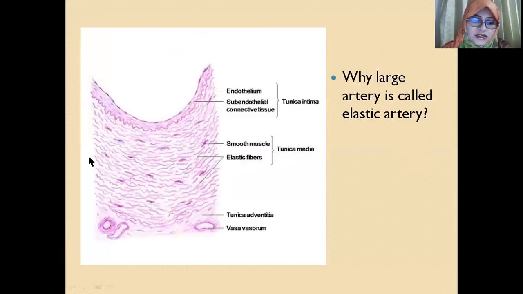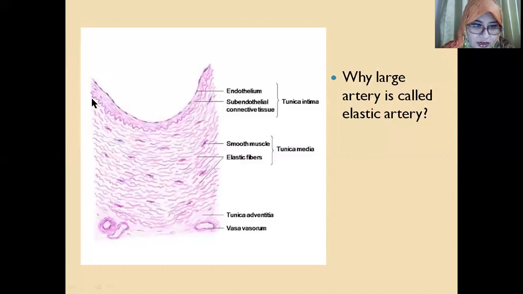And this histological figure is very important for your written examination. You have to draw and label this figure if a question comes asking for the histological structure of elastic artery, or only asks you to draw and label the histological structure of elastic artery.